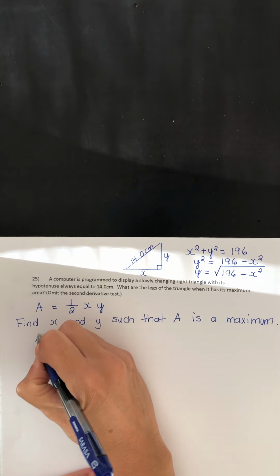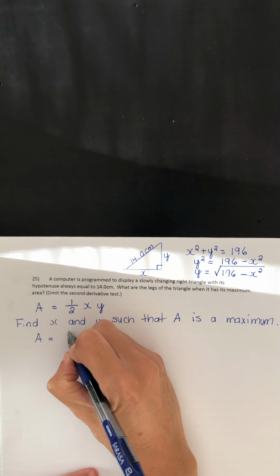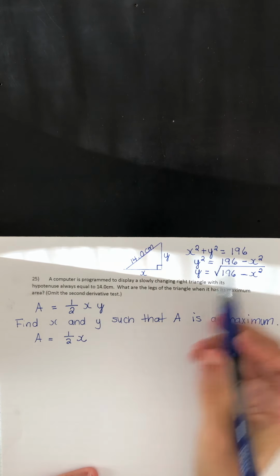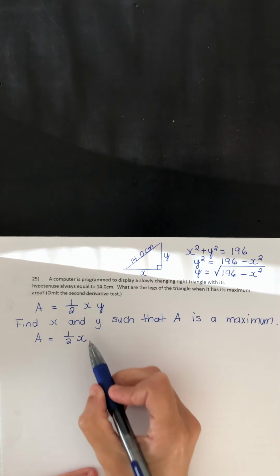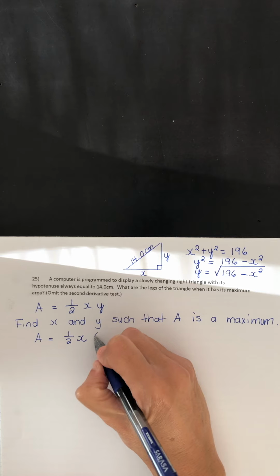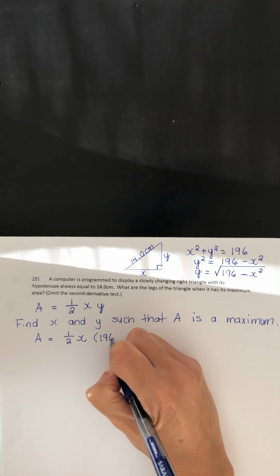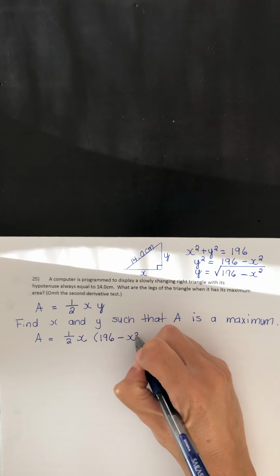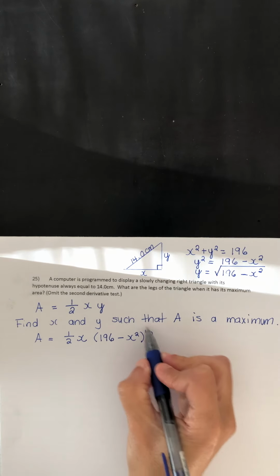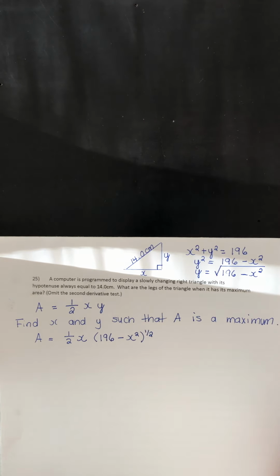So anyway, let's go over here and rewrite this. So we're replacing y with this square root of 196 minus x squared. But since I know I'm going to be doing some derivatives, it might be wise to write it this way with a fractional exponent instead.